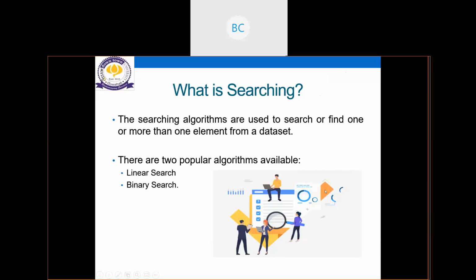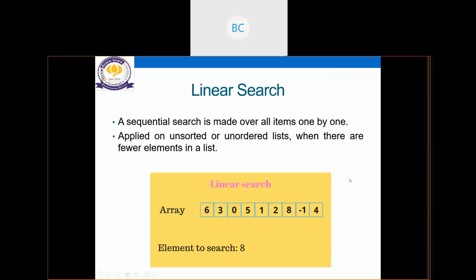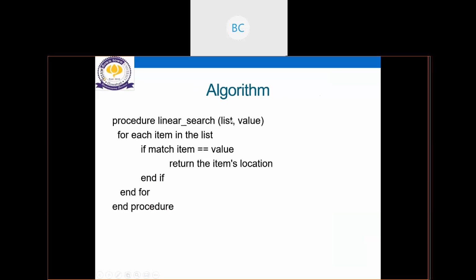What is linear search? It is just a sequential search, and we find an item one by one. It is mostly used for any unsorted array or list, and mainly when your list has a small number of elements. So what's the algorithm for this? Suppose you are searching for a value in your list.